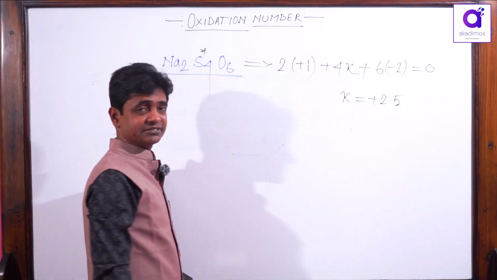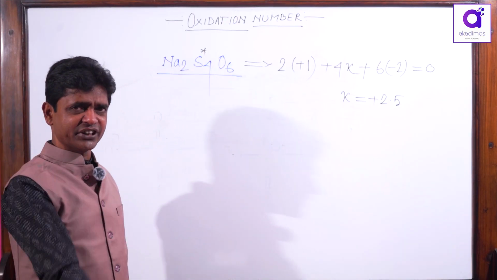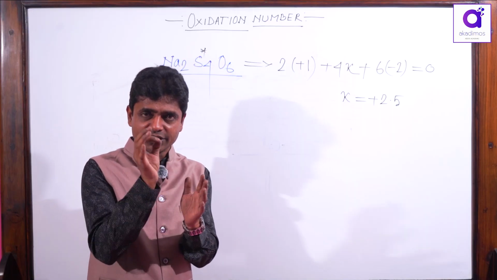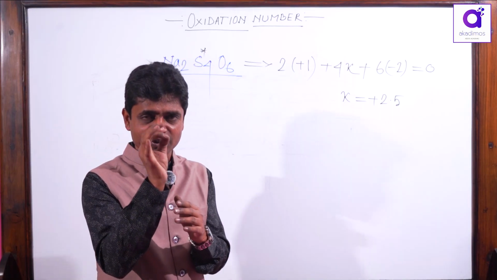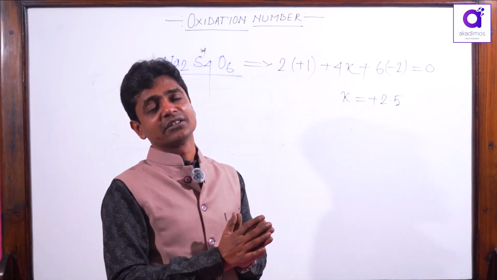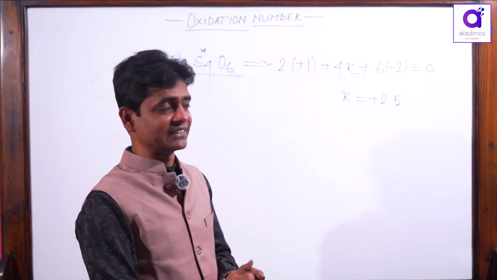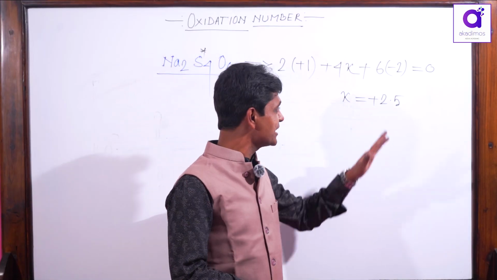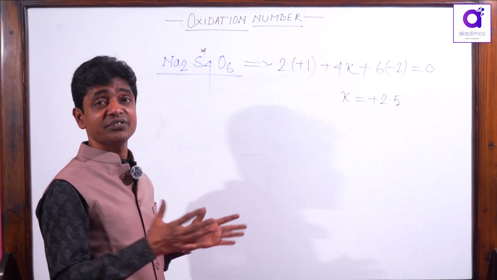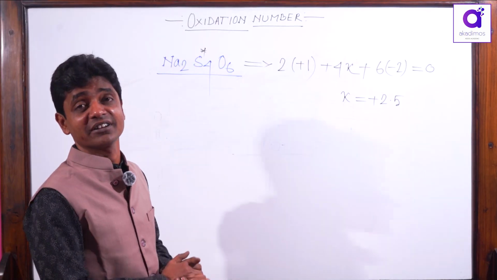You got a fraction. But go to my definition. Oxidation number gives a qualitative idea about the polarization of electrons. If it is a number of electrons polarized, then it can never be a fraction. But here you got a fraction due to the average of 4 different sulfur oxidation numbers.